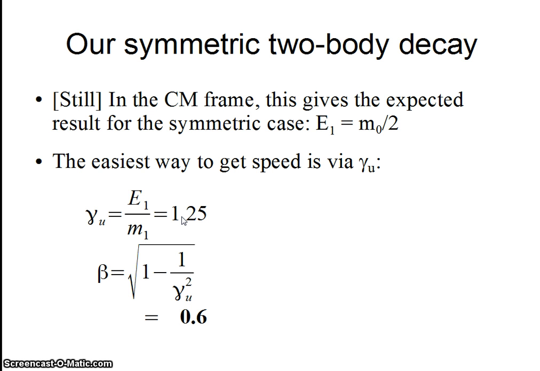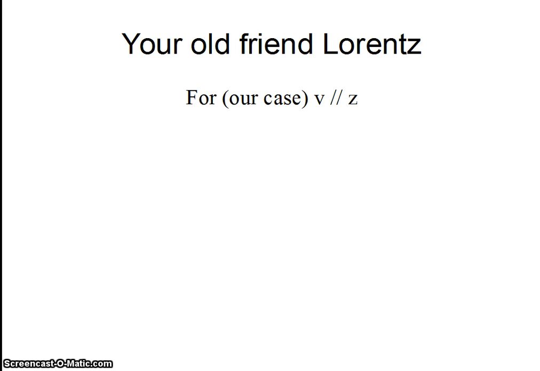I can also write beta in terms of gamma, and again, beta and u are pretty much interchangeable here, and I get 0.6. So that tells me for all the cases in A and B, beta is 0.6 for each particle in the center of mass frame. For our cases, we've written v along z. That's the way I said to do it in the statement of the problem.